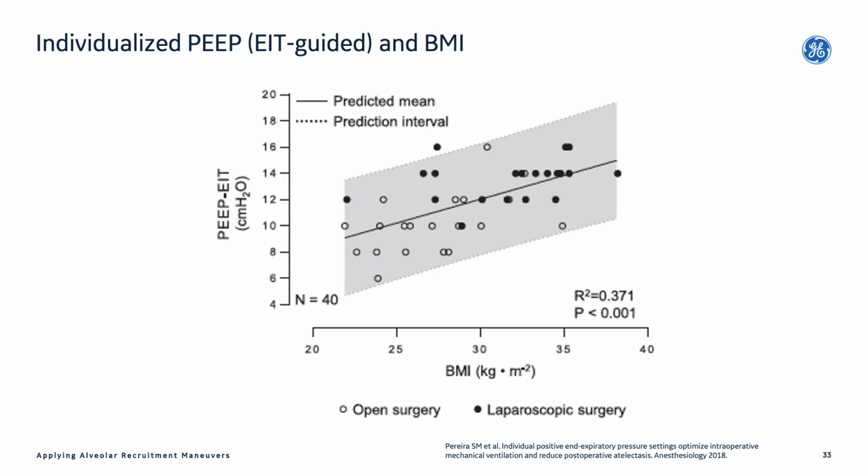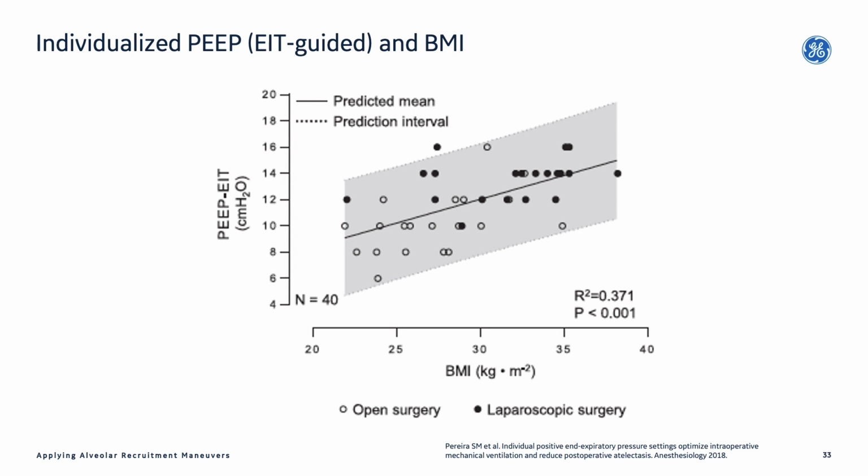In that same study by Pereira and others, we see the influence that BMI has on the need for PEEP to minimize atelectasis as measured by electrical impedance tomography. Here we see 40 patients with BMIs ranging from the mid-20s to the high 30s, and the amount of PEEP that was titrated in those individuals.